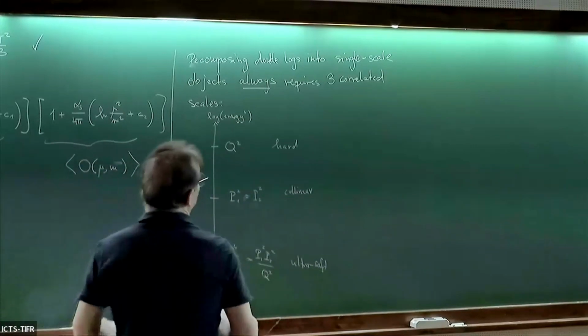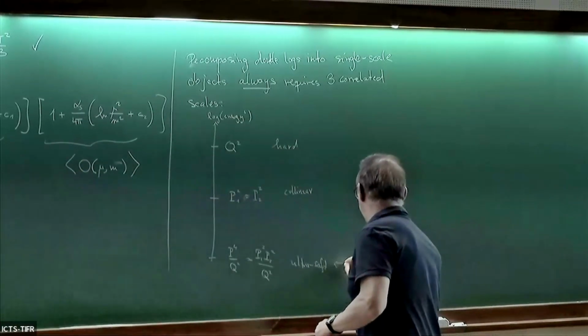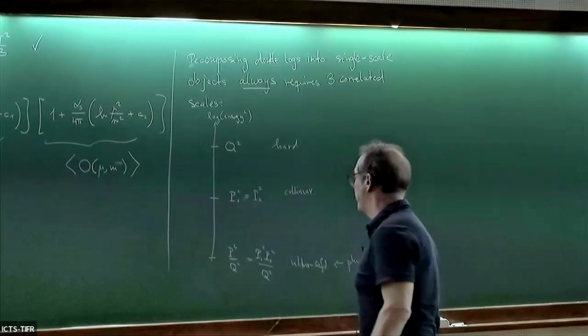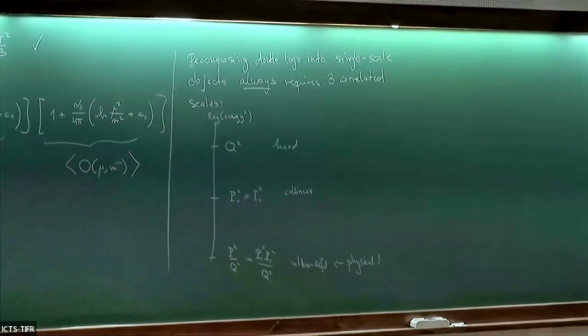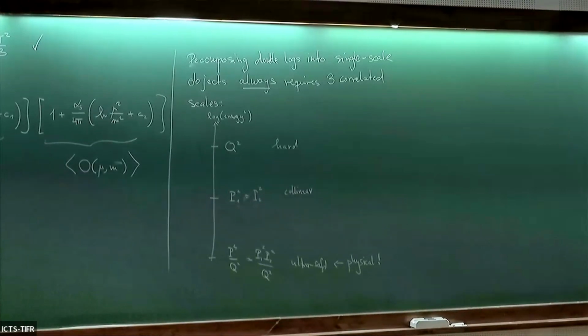And another point that is worth mentioning here is that this ultra-soft scale is a physical scale. This is not something mathematical that appears in the effective theory. This is a physical scale. And when you ask yourself, under what conditions can I calculate a jet process in QCD perturbatively? You may think that it's enough that the invariant mass of the jet is perturbative, so let's say 10 GeV or 5 GeV, much bigger than lambda QCD.